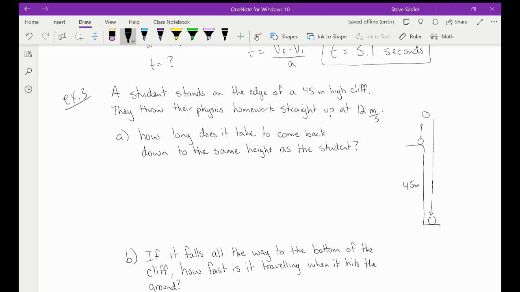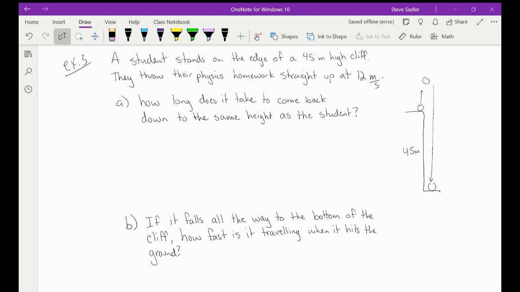This is a bit of a tricky problem because we're dealing with something thrown in the air. So we know acceleration is going to be negative 9.8 meters per second squared. We know initial velocity is 12 meters per second. We're trying to find time, and we don't know anything else.